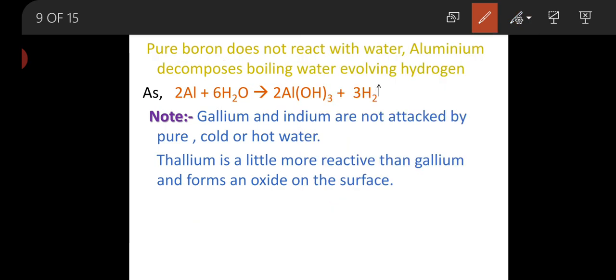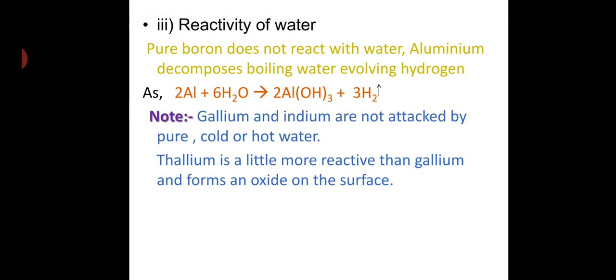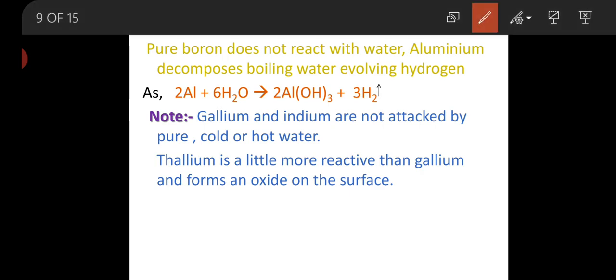So how does aluminum react with water? To study this reaction, first of all we know that aluminum has a plus 3 valency, that is, the oxidation number of aluminum is plus 3, because just now we explained that for group 13 the oxidation number is plus 3.